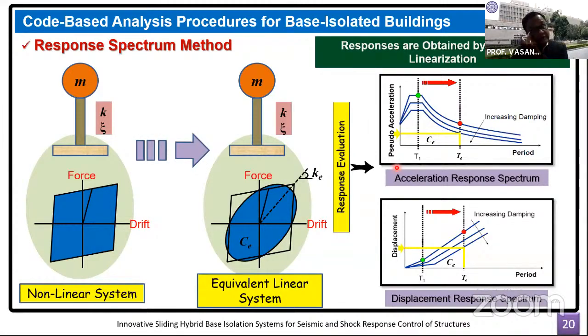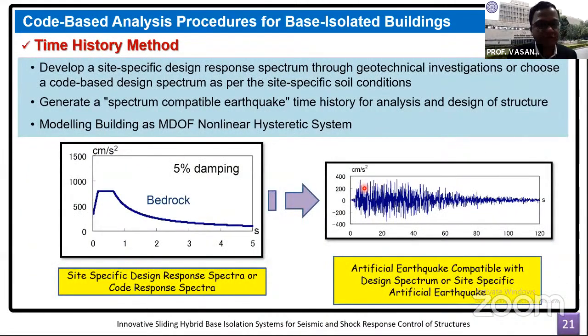However, they have certain limitations. The advantage of the equivalent linearization of the force deformation curve is, of course, that we can use the code-based design, or we can use linear analysis and design of the base isolated structure. Whereas in case of time history analysis, we need not do this kind of linearization, and we can model the entire structure, including the different degrees of freedom.